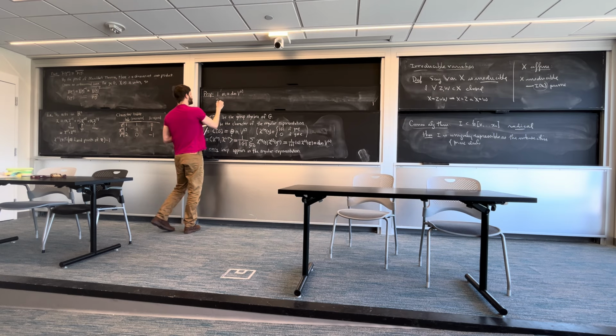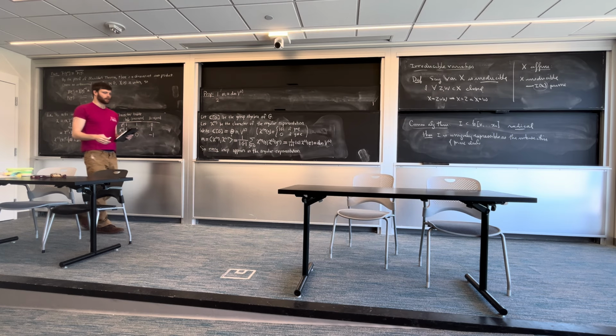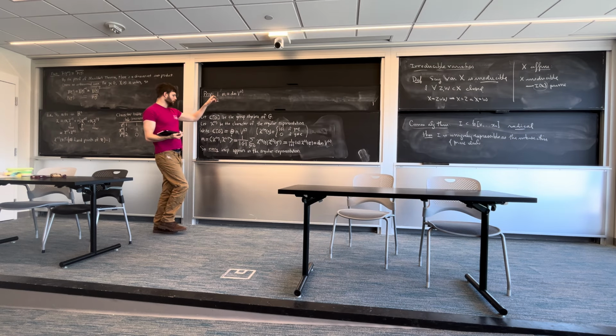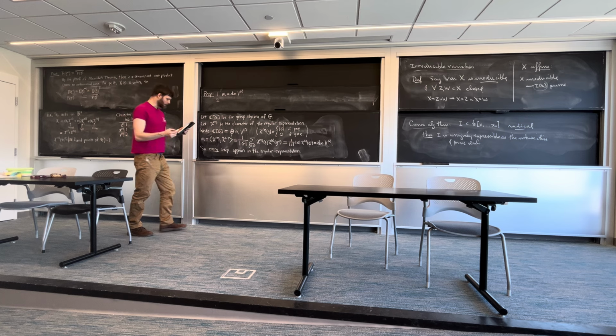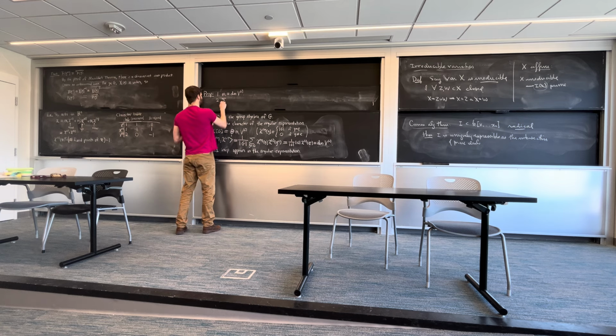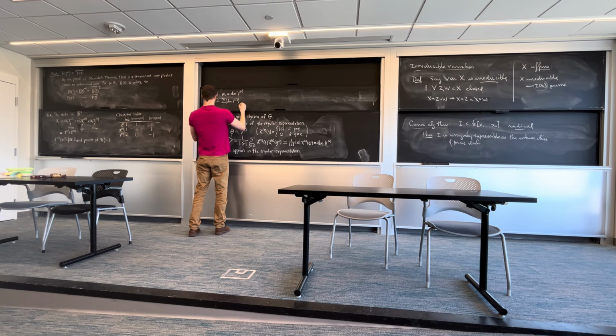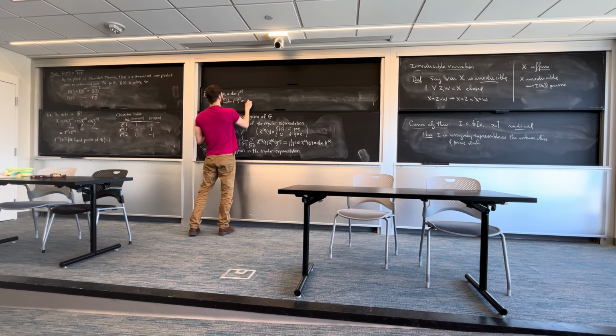The second is coming from a result that we had before, where we said the sum of the m_i squared is equal to the dimension of this. Let me just write it this way: the sum over i of the dimension of V_i squared is equal to the size of G.